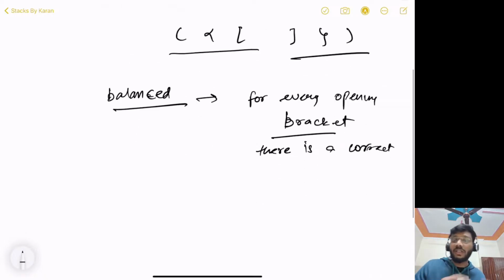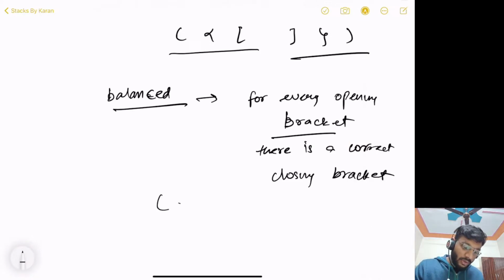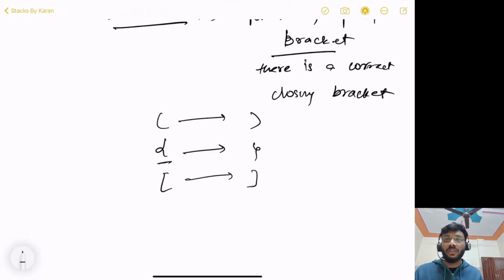So what does correct mean here? First of all, for a circular opening brace, a circular closing should be there. For the curly ones, this is the case. For this, we need square, and they should be at the right positions as well.